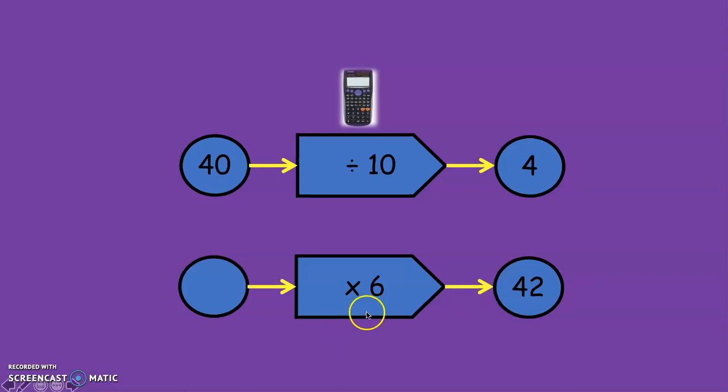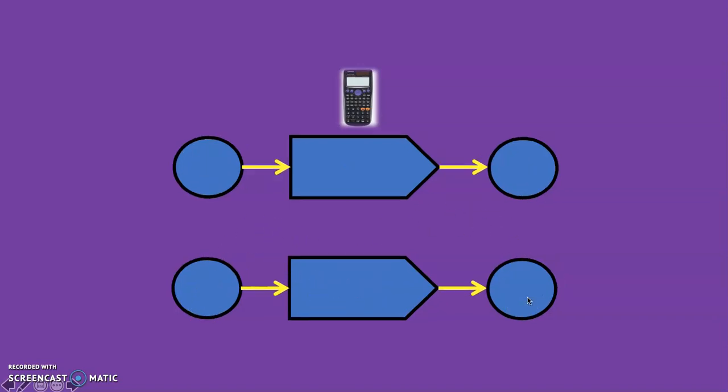Okay, so if you're using the method that I said to you just previously, working back the way, do the opposite. The opposite to multiplying by 6 is to divide by 6. So how many times can you divide 6 into 42? The answer is 7. Okay, go back to the start of your number machine, check to make sure that it works. 7 times 6 is 42, so it does work.